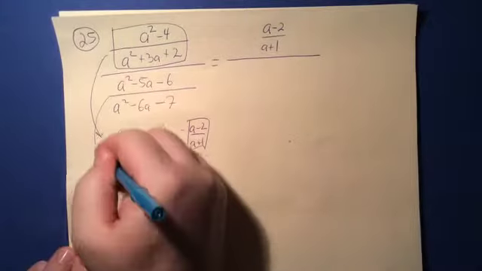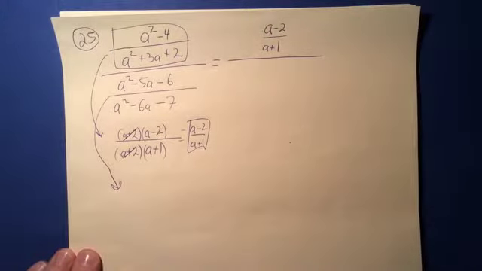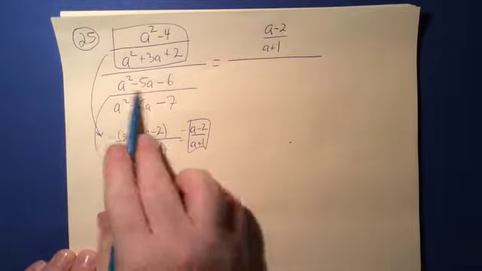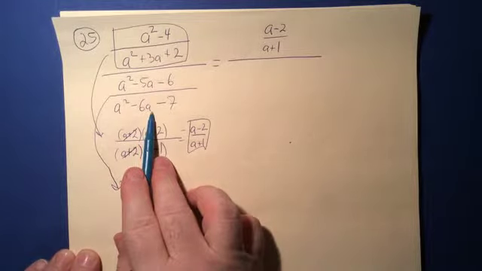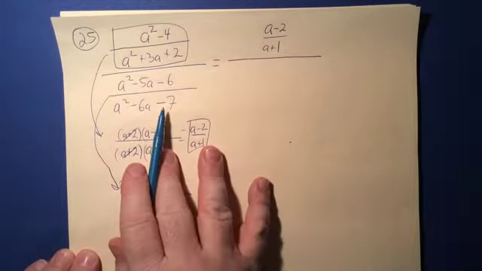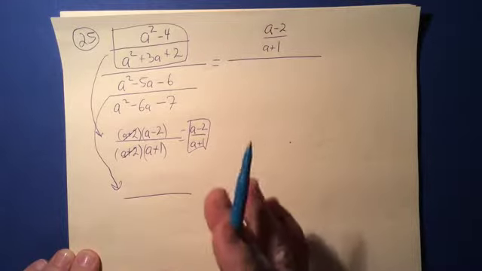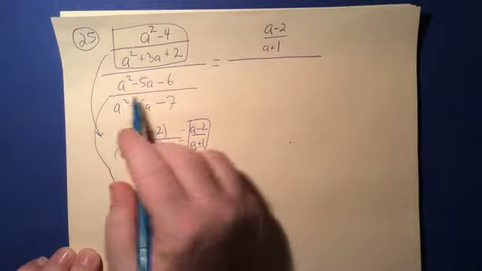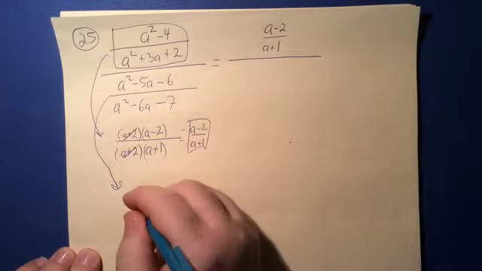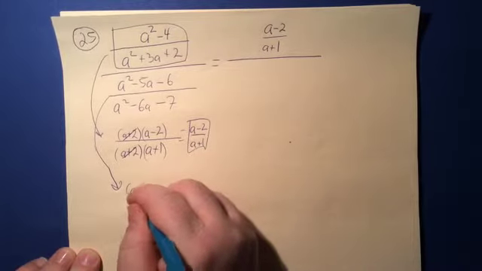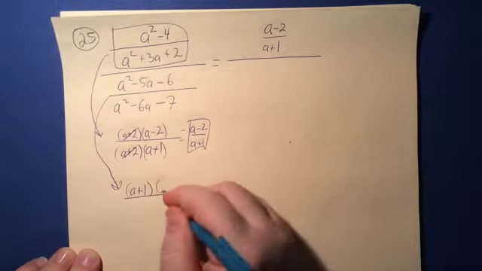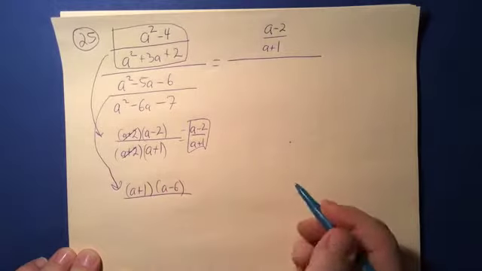Now, let's take a look at simplifying the bottom. Again, I'm not showing the factoring techniques for this. I'm just going right to the factors. This is something you should be comfortable with, and if you are not comfortable with it, please refer to Chapter 6 for further assistance. So for a squared minus 5a minus 6, my two factors are going to be a plus 1 times a minus 6.